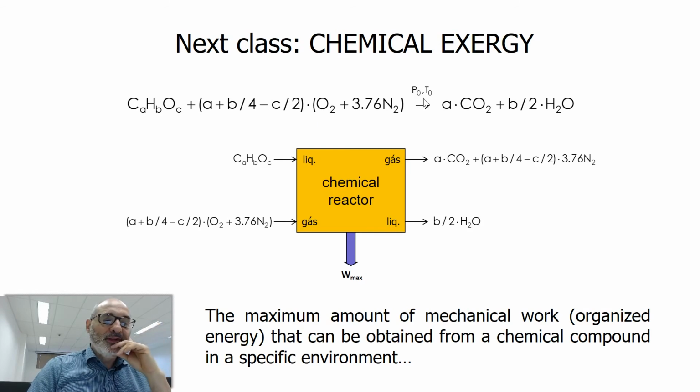And in the same way, we're going to suppose that everything is done at constant pressure and constant temperature. So it's like a mixing and separation process, okay? Because nitrogen is not being separated, but, well, I forgot to write down nitrogen.